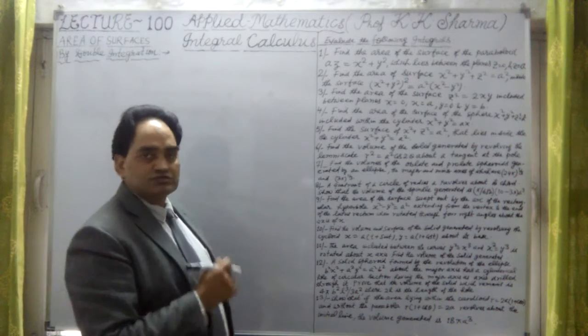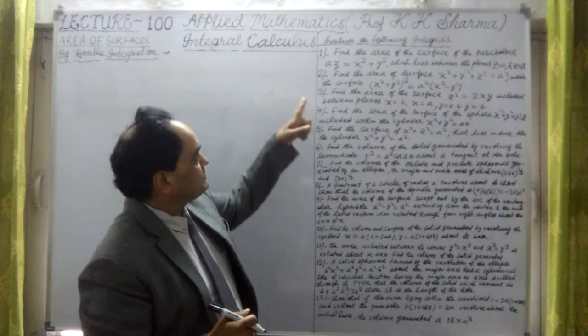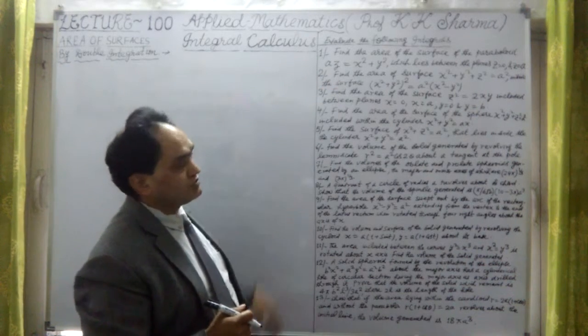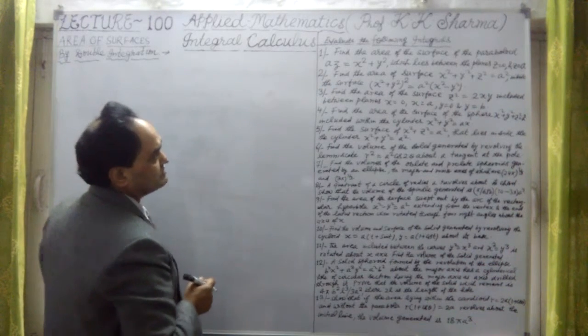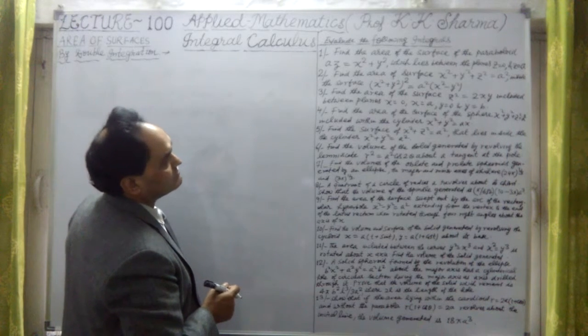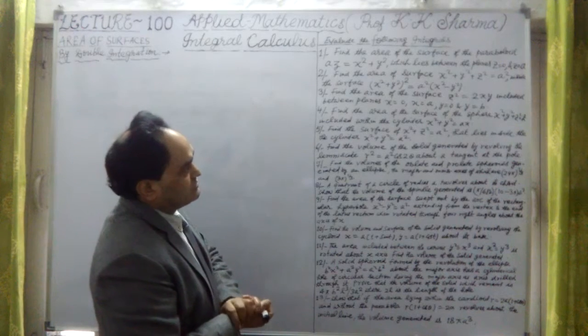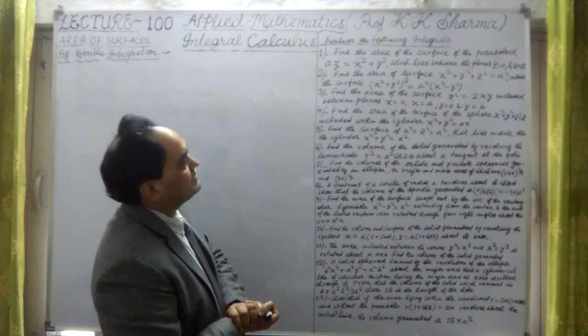In question number 1, it says: find the area of the surface of the paraboloid az equal to x square plus y square, which lies between the planes z equal to 0 and z equal to a. We are given z equal to 0 and z equal to a, no problem.